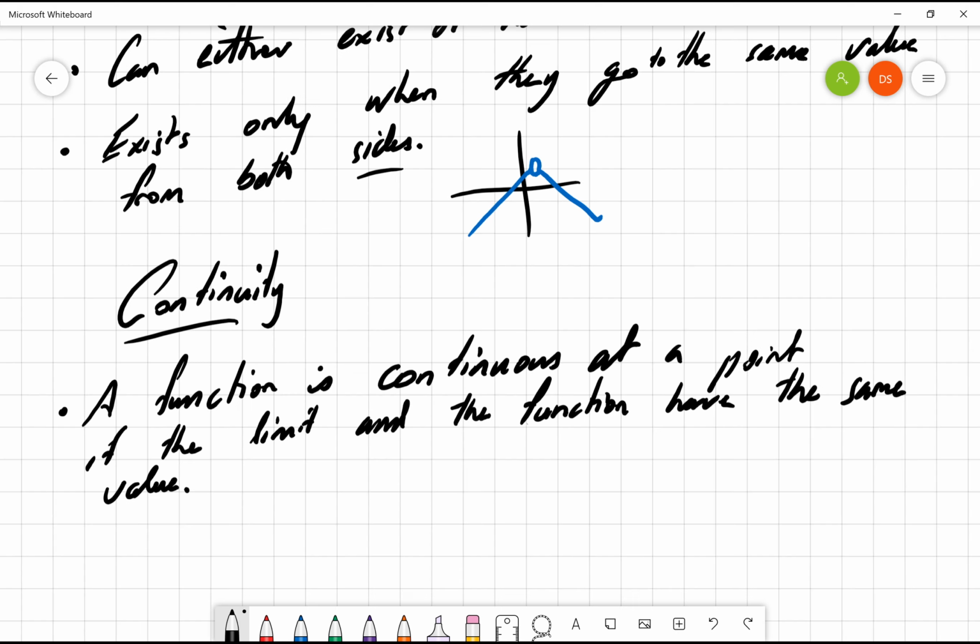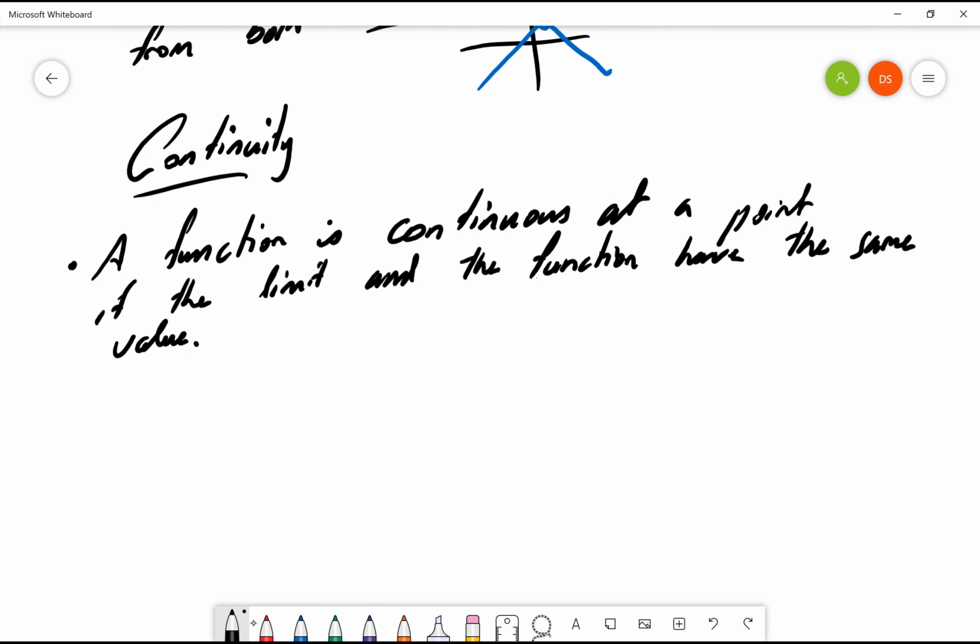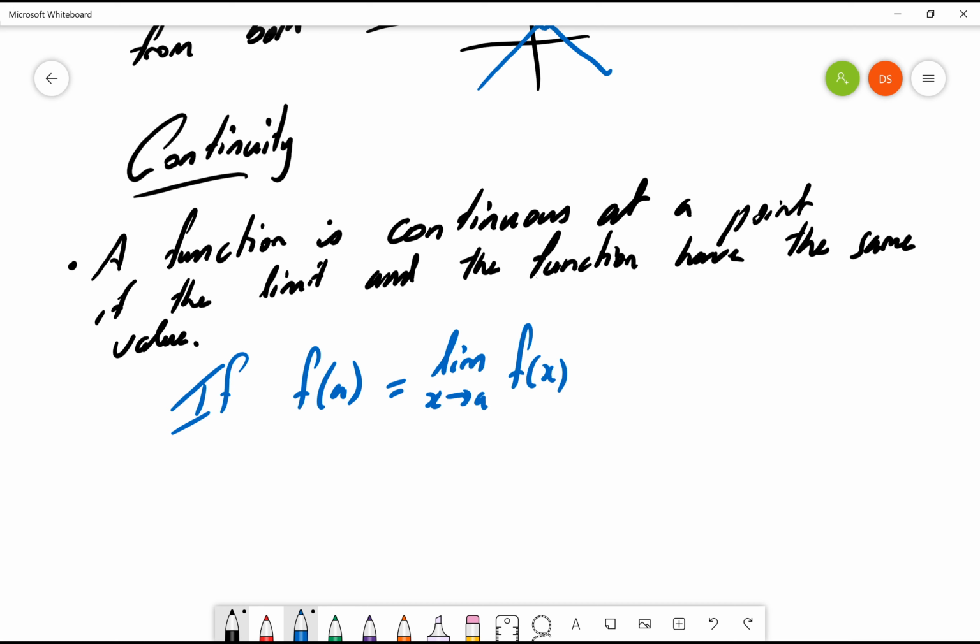So that is to say, if f of a equals the limit as x tends to a of f of x, then f of x is continuous at a.